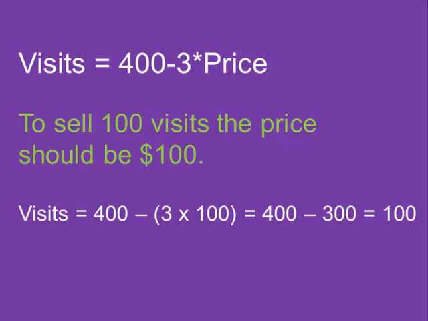Minus 3 times 100. We always do the multiplication first. Now we have 400 minus 300 equals 100. That is correct. So to sell 100 visits, the price should be $100. It works out right to the money.